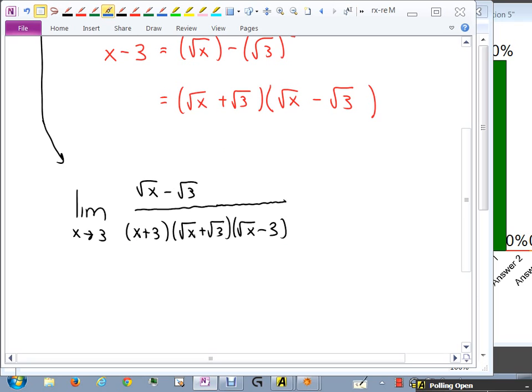And now these factors cancel. I forgot my root around this one. There we go.